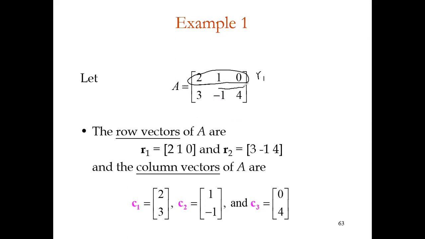And the second one is 3, minus 1, 4. This is R2. And the column vectors: 2, 3 is column 1, this one is column 2, and 0, 4 is column 3.